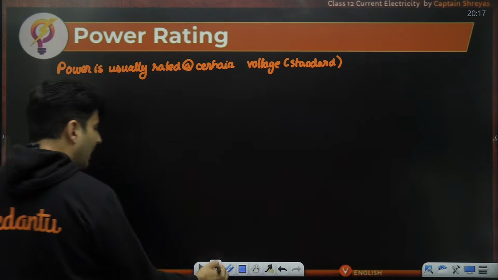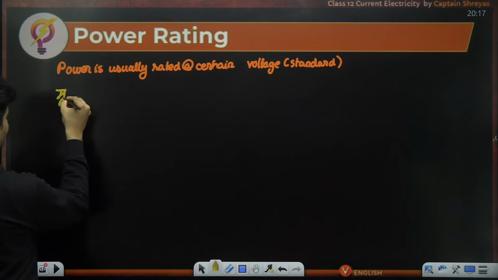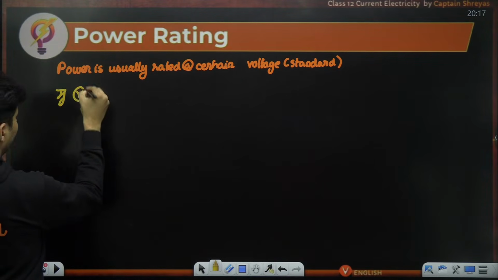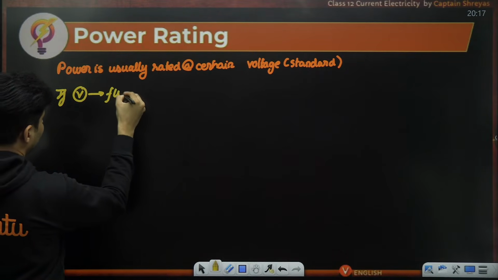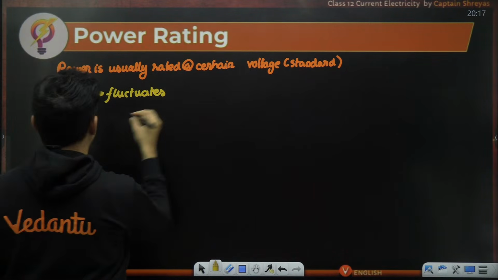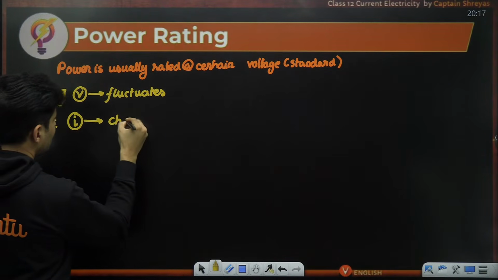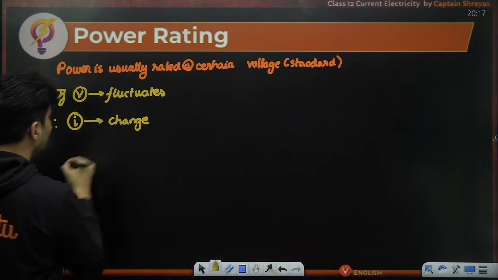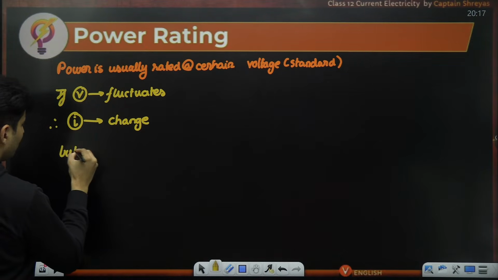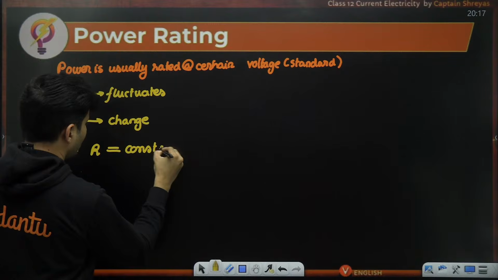So if there are any voltage fluctuations, so if the voltage fluctuates, obviously the current in it will change, but the resistance will remain constant.